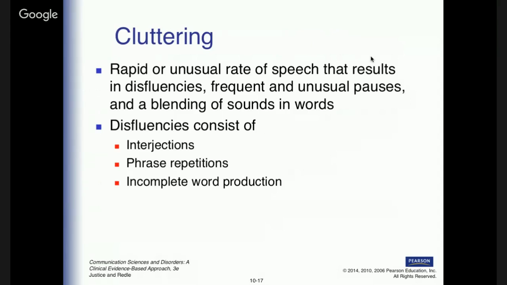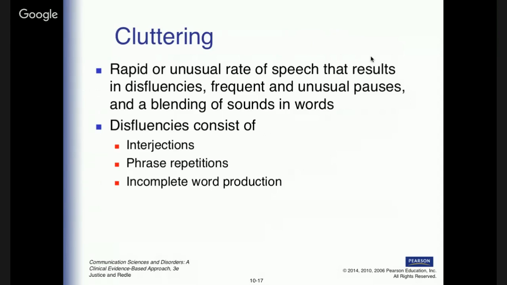So this is actually much more like the disfluencies you hear might be more like that of a typical speaker, although often people who clutter have rapid or unusual rates, so talking really, really quickly, might have unusual pausing, so pausing in strange places in words, and then blending words together.